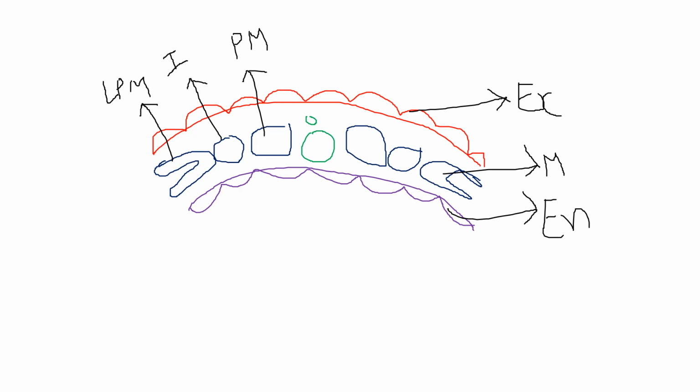Now, as you can see in this picture, it has two parts: the anterior part here and the posterior part. This posterior part is near to the ectoderm, and the anterior part is near to the endoderm. After a few days, this endoderm is going to fold. This is undergoing a folding called lateral folding.